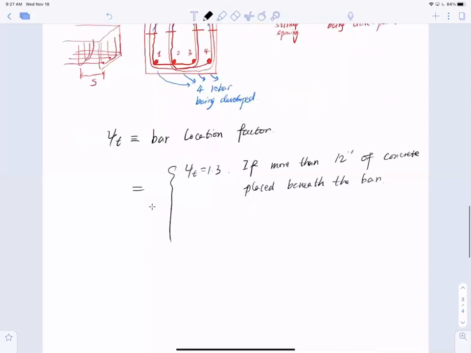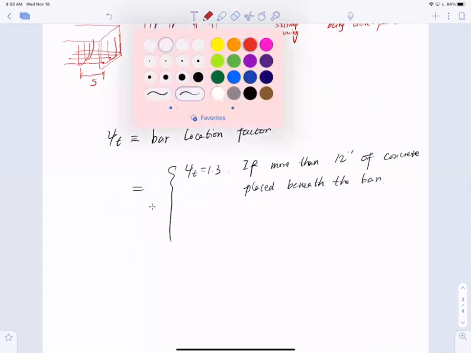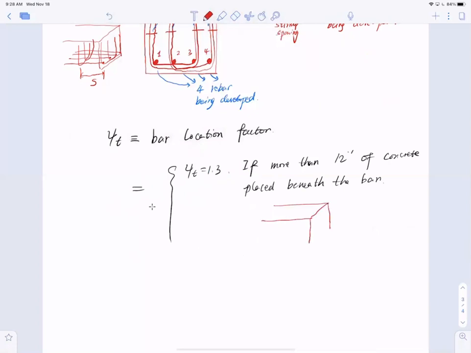Meaning, if I have poured a beam, so this is a different color, if I have a concrete beam like this, and if I pour the beam upside down and my reinforcement has more than 12 inches of concrete underneath it, now I have a solid bonding.